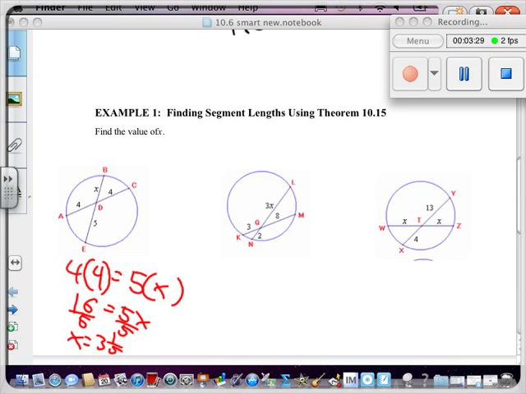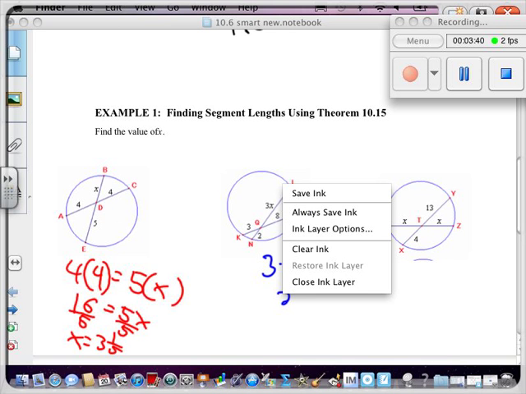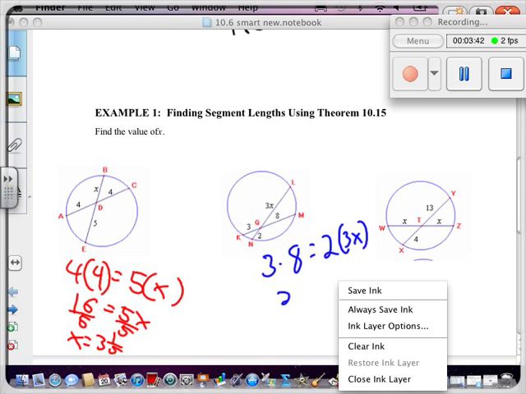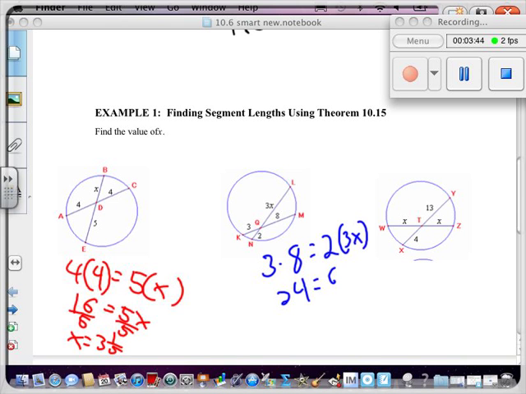All right, how would I set up B? 3 times 8 equals 2 times 3x. 3 times 8 is 24, which equals 6x. Divide both sides by 6.